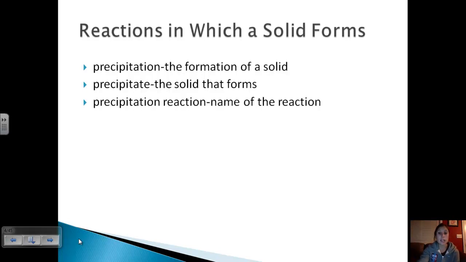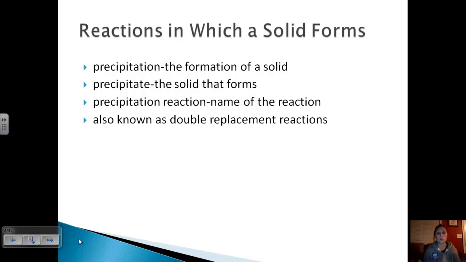So a precipitation reaction, then, is the name of that type of reaction where we take 2 aqueous solutions and we form a solid. These are also known as double replacement reactions, and when we talk about how the chemicals go together, we'll talk about why that works. Okay, and so usually precipitation reactions will follow this form.